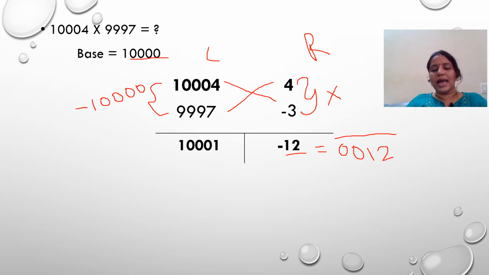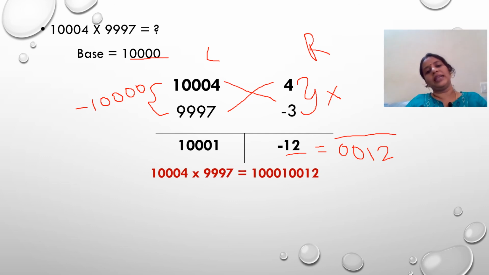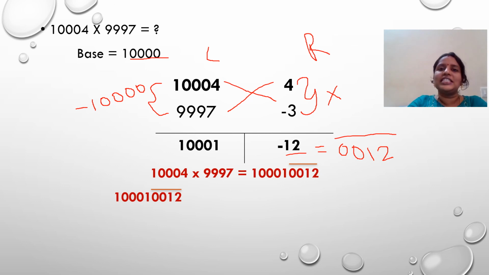So my answer is 10,004 into 9,997 is equal to 1001012 whole bar. Now I have to convert this Vinculum number to a whole number. For that, I'm going to split the number into two parts, the positive part and the bar number part. For the positive part, I'll go for Ekanyunena, and for my bar number part, I'll go for the Nikhilam of the number.